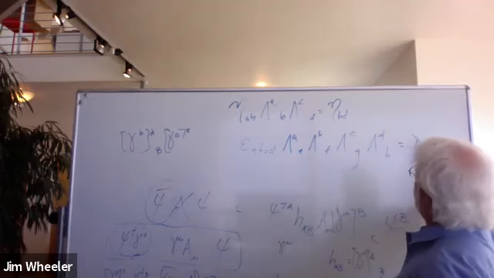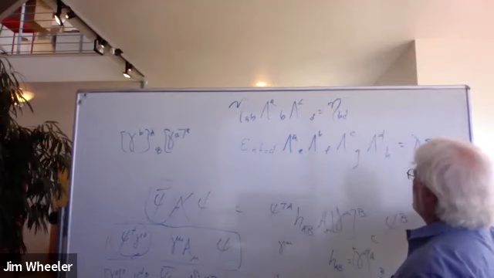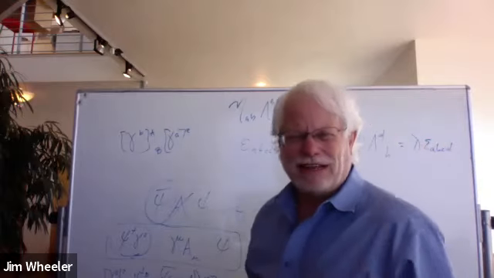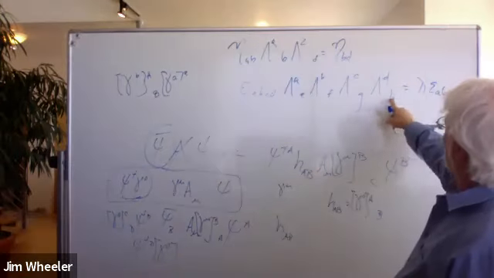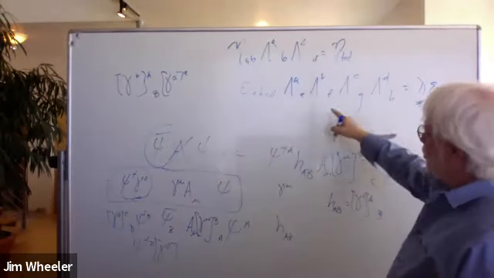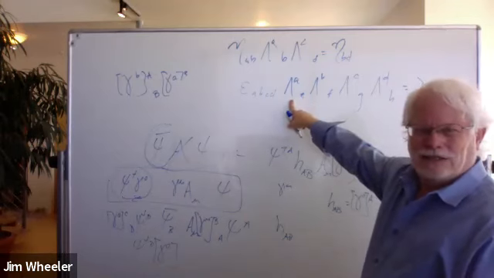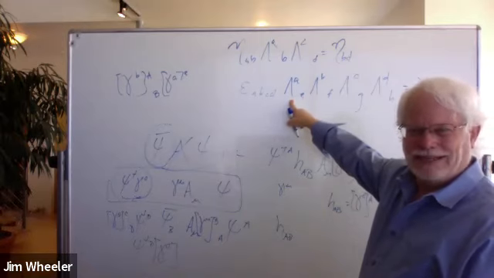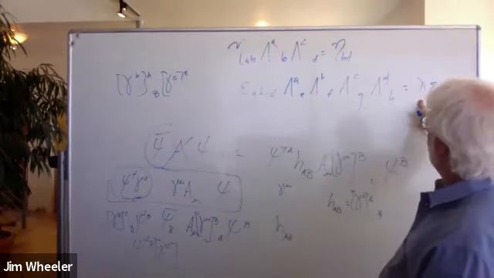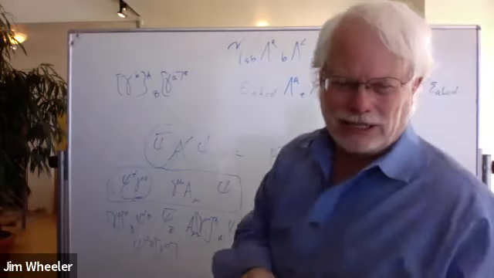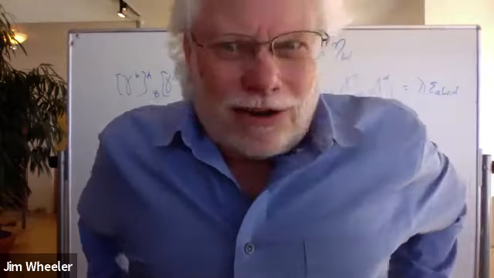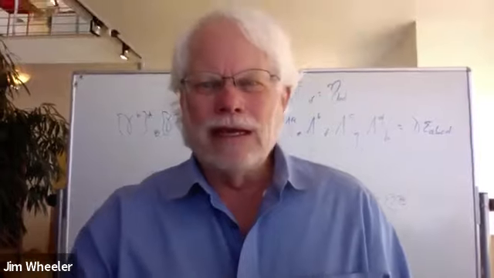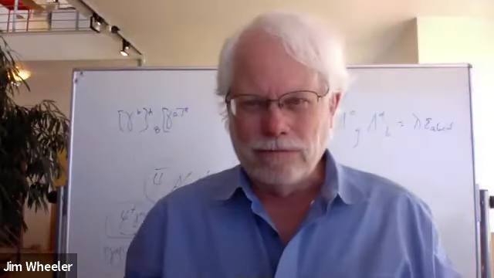So this has to be proportional to Levi-Civita again. Is it Civita or Civita? I've never learned enough Italian to know. But this coefficient is the determinant of that matrix. So if we're dealing with a proper orthochronous Lorentz transformation, the determinant is 1, that lambda is 1, and Levi-Civita is invariant.